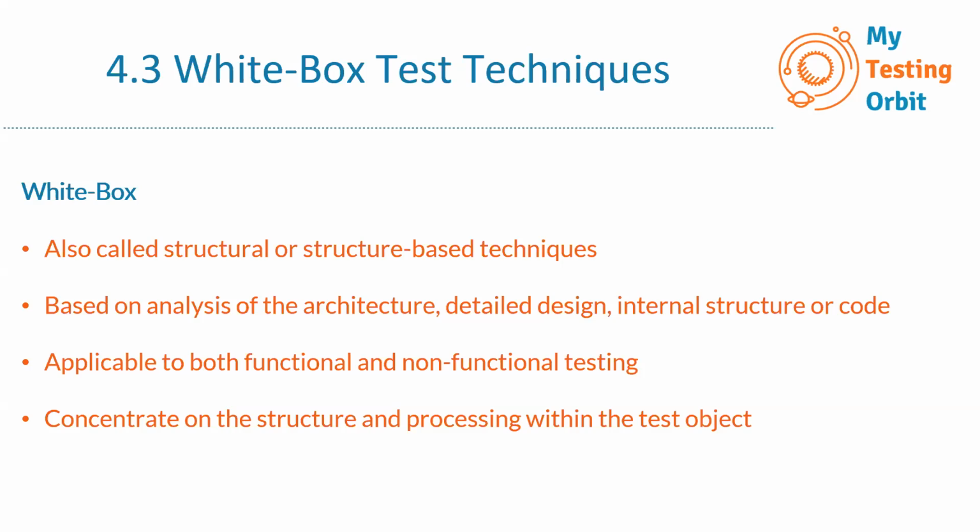It can be the architecture, it can be code, or anything else that gives us the detail of the internals of the system. It is also applicable to both functional and non-functional testing, and it concentrates on the structure and processing within the test object.